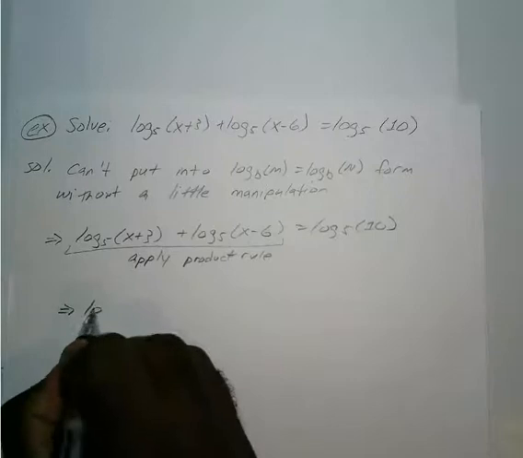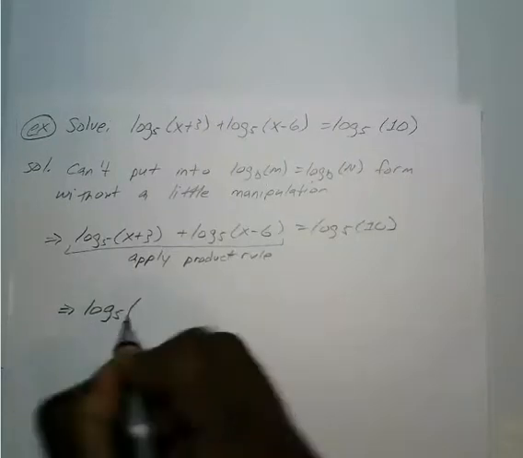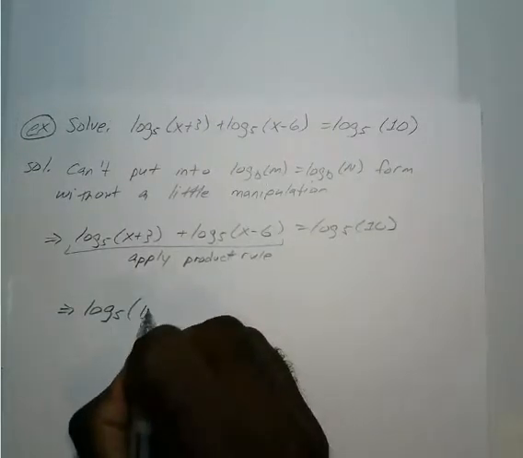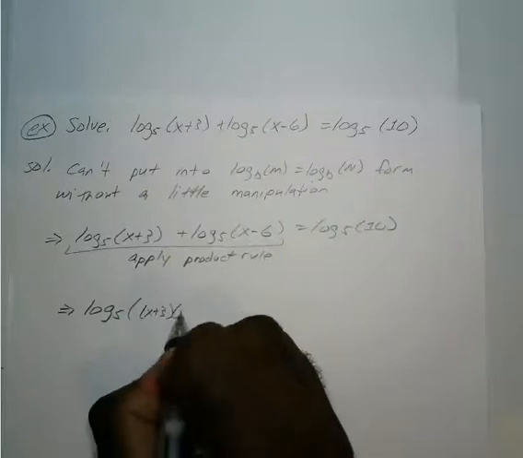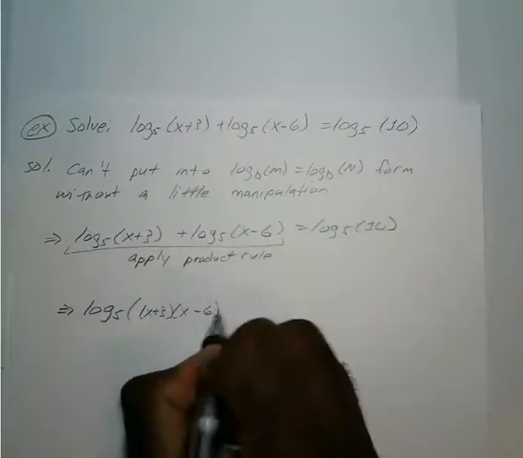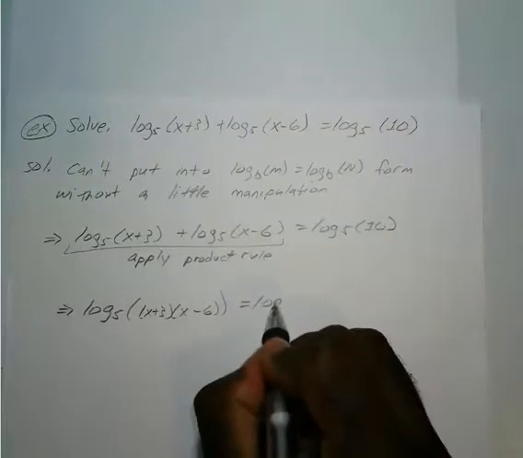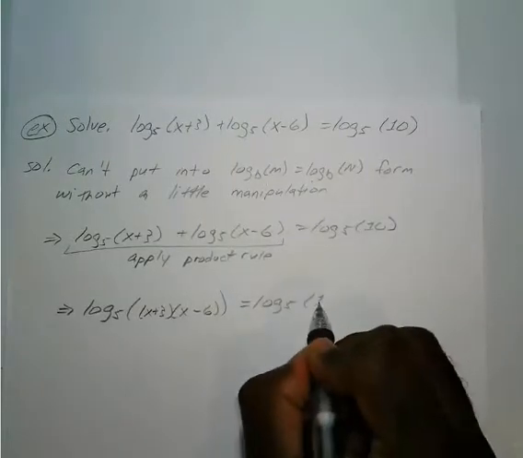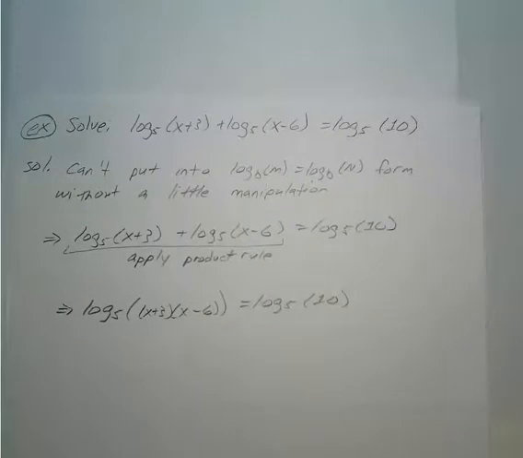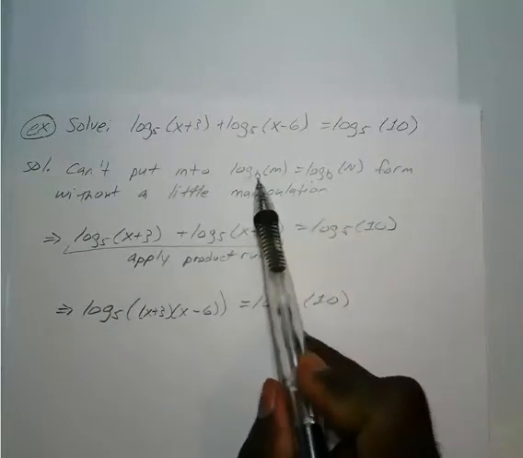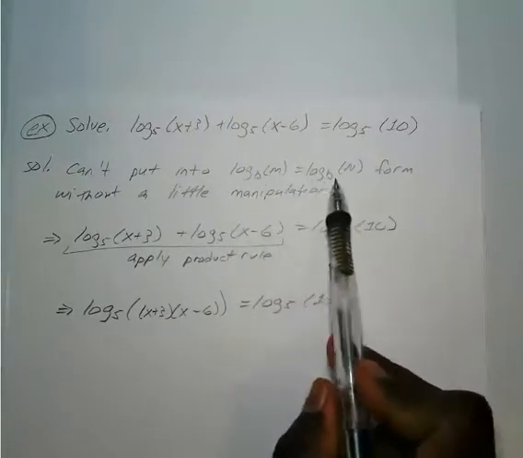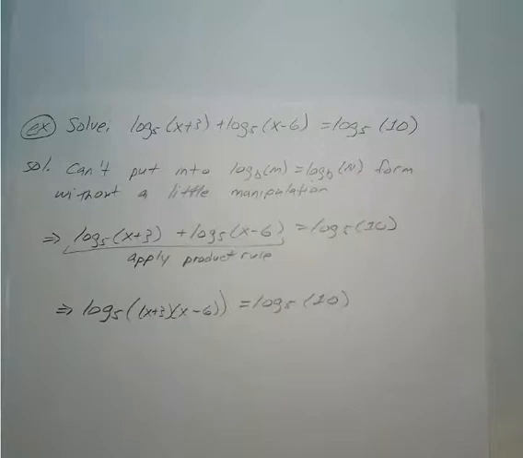That's going to equal log base 5 of x plus 3 times x minus 6 equals log base 5 of 10. Okay, so what that shows us is that now we have it in our log base b of m equals log base b of n form. Just had to manipulate it a little bit.